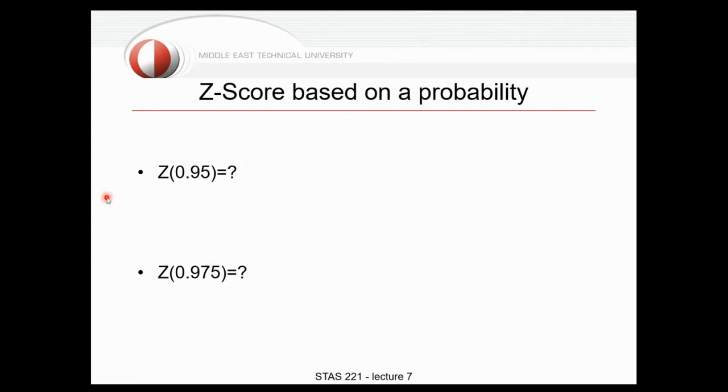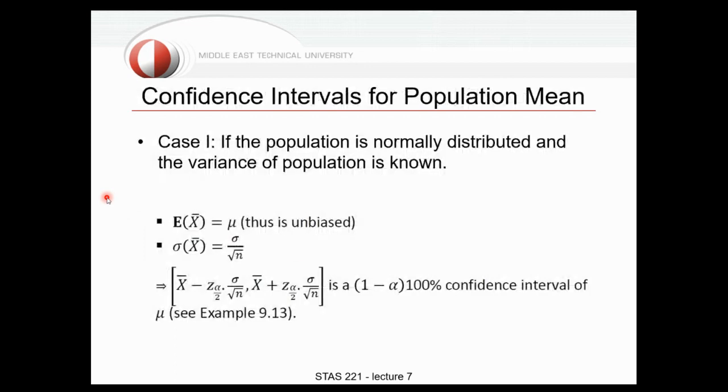And it doesn't matter if you calculate it for alpha over 2 or 1 minus alpha over 2, because this is a symmetric distribution, you will subtract or add to it, so it doesn't matter if inside the formula you write 1 minus alpha over 2 or alpha over 2. It will give you the same answer at the end.